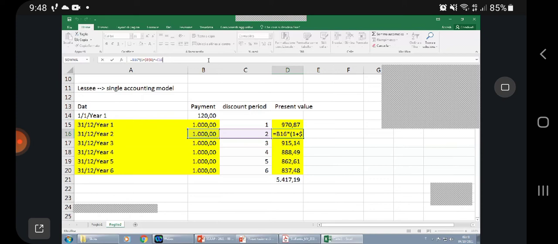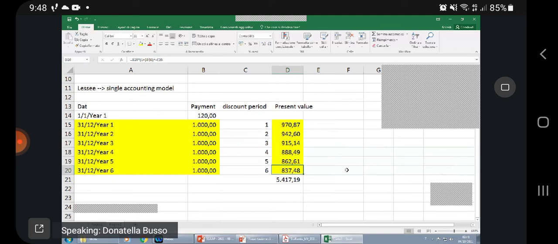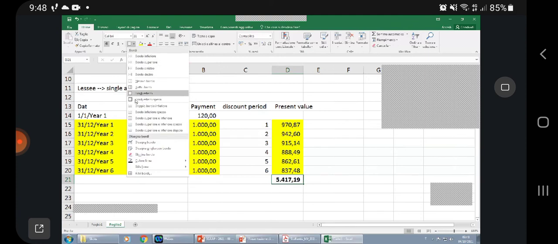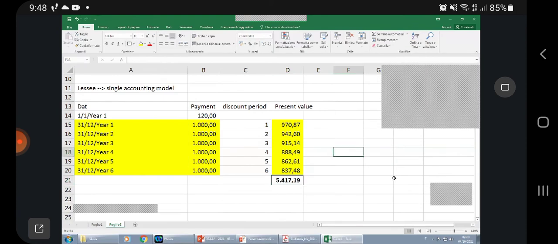If you do the same for all the installments, the total amount of installments is 5,570.